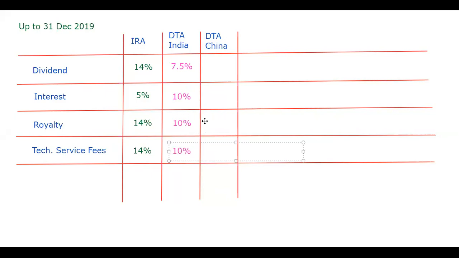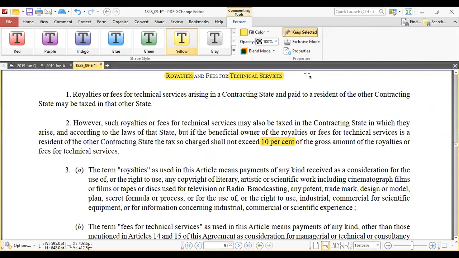Then I will do China as well. Can anyone tell me what are the rates according to the China DTA? Sri Lanka and China DTA. Let me open that one as well.